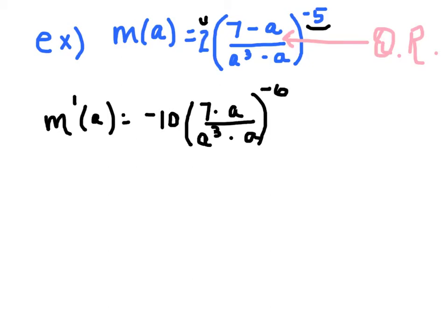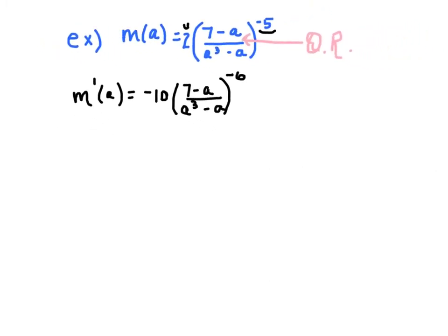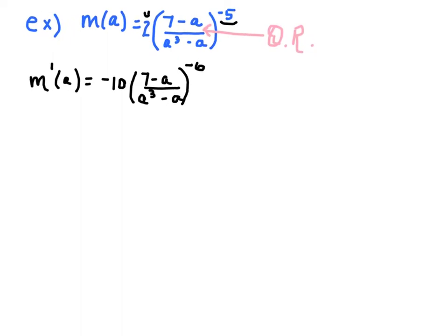Well, now we want to take the derivative of the inside, so that's where this is going to get a little bit messy perhaps for us. When we go to take the derivative of the inside, we know that we've got quotient rule. So I'm going to use brackets just to keep it neat. So we're going to say the bottom, which is a cubed minus a, times the derivative of the top.